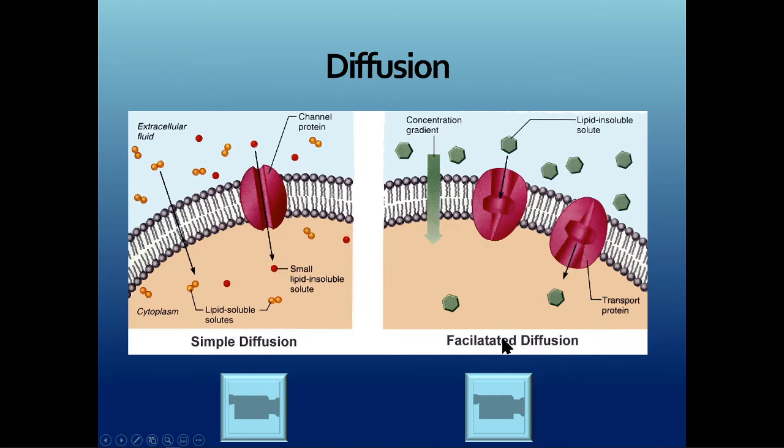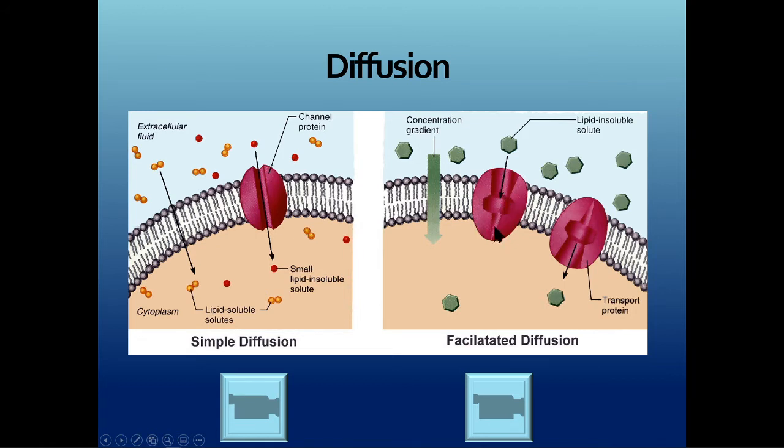It's facilitated. Whenever we talk about facilitated, it means that we're helping it along. So in this case, remember in simple diffusion, only small things could fit through these little spaces. But if we've got a big chunky molecule like this, a protein or a polysaccharide or something, and it needs to get to the inside from the outside of the cell, it can't fit through these little spaces. So embedded within the cell membrane itself are these protein channels.